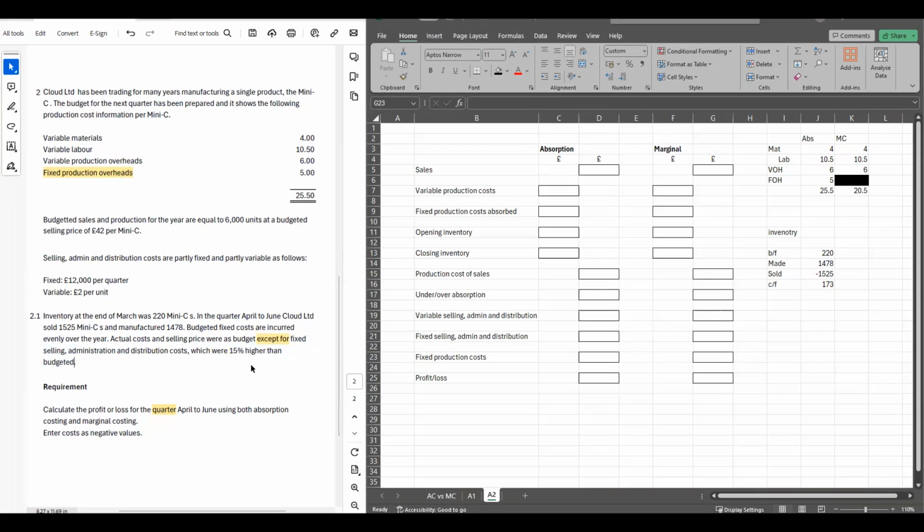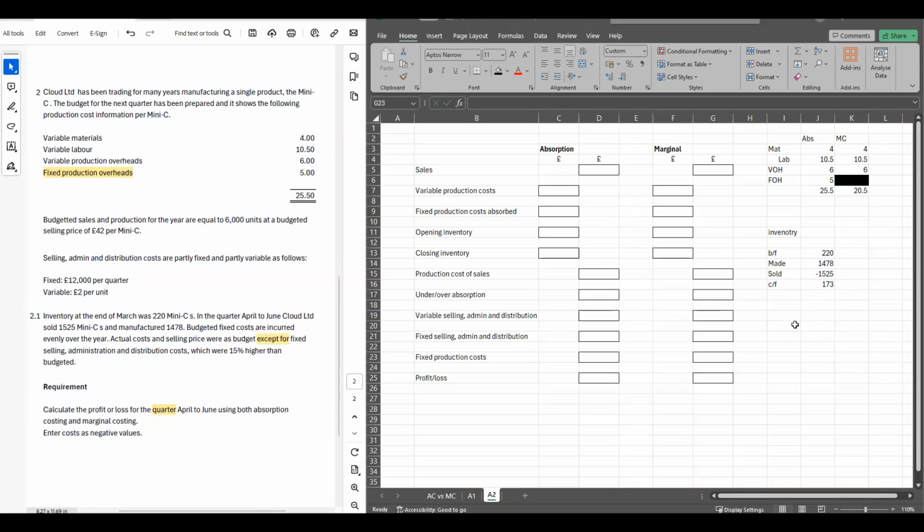So therefore, you know that the actual costs for our fixed production costs were the same as budget. And that's a really important thing to make sure you understand in terms of the wording of the question, because then once you've made that conclusion, you can go back to your information up here and work out your budgeted fixed costs. And therefore, by doing that, you have also worked out your actual fixed costs.